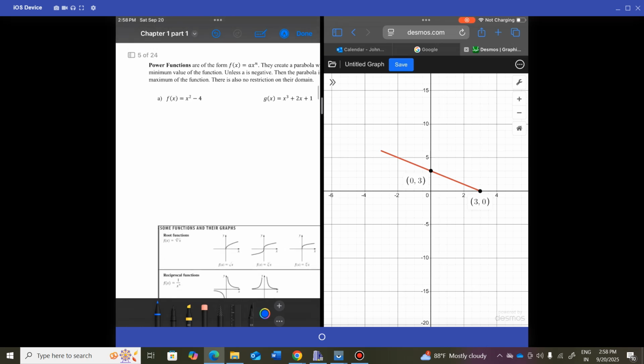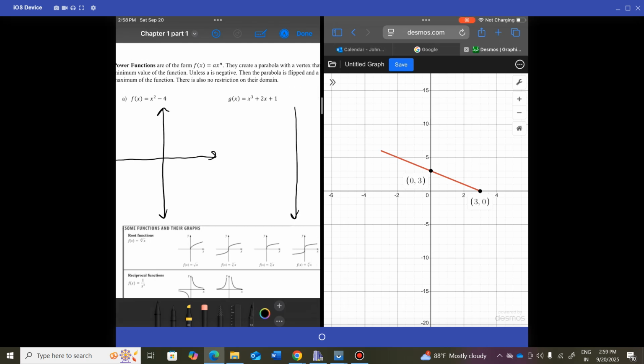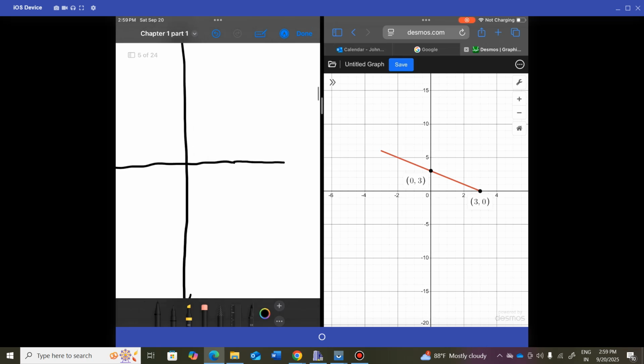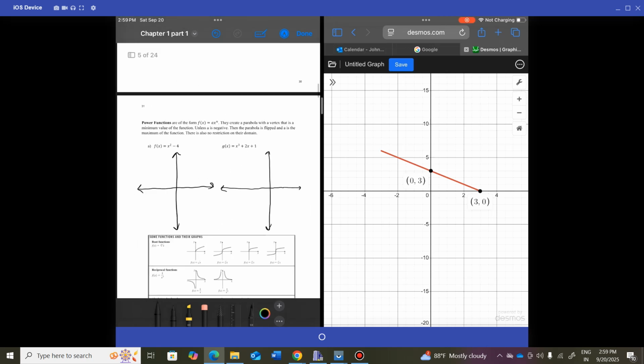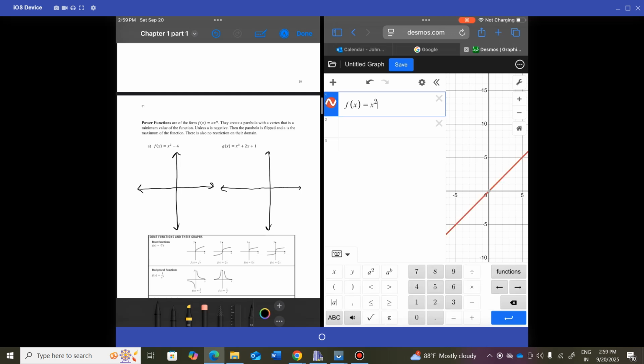Okay. Power functions. So let's get these. Okay, so x squared minus 4.